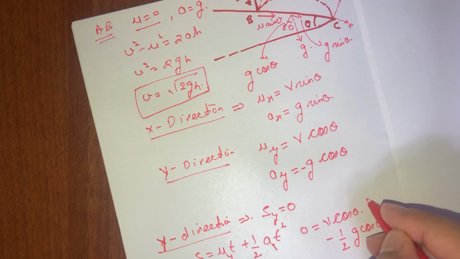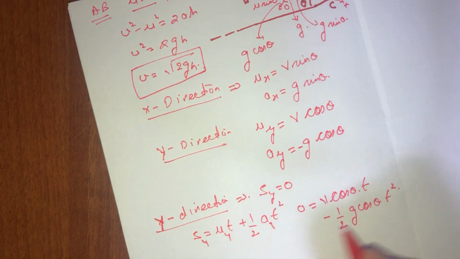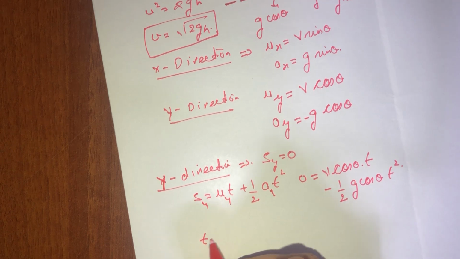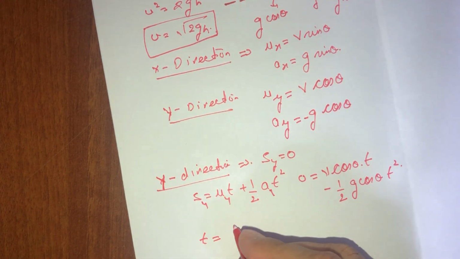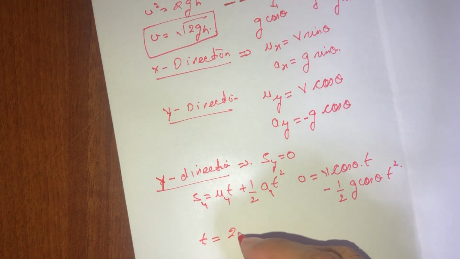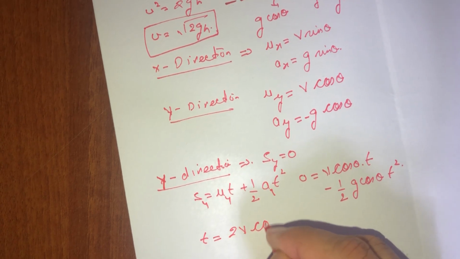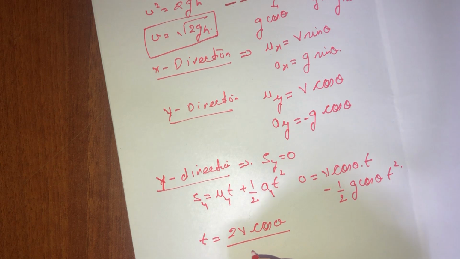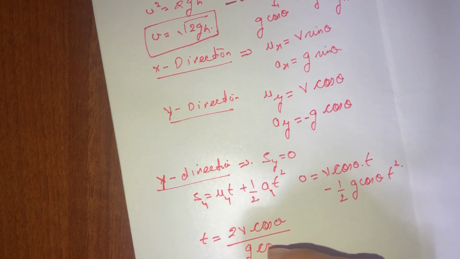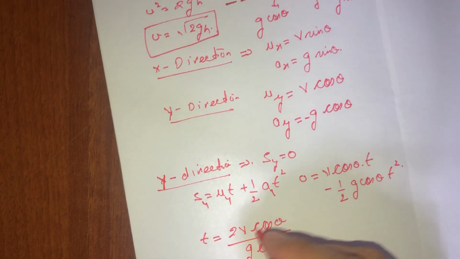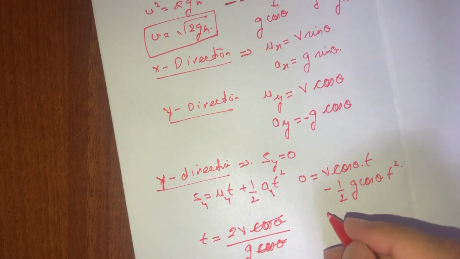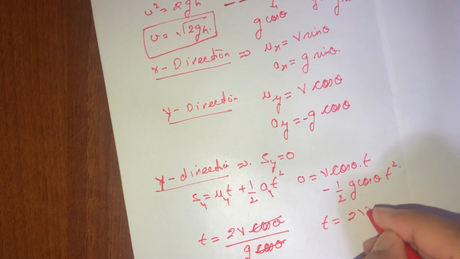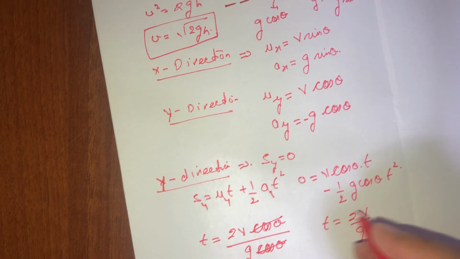So from here we can find out t will be equal to 2v cos theta divided by g cos theta. Cos theta cancels with cos theta, so we get the time of flight as 2v divided by g.